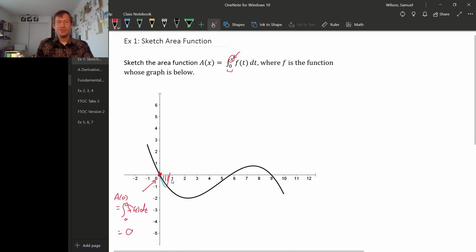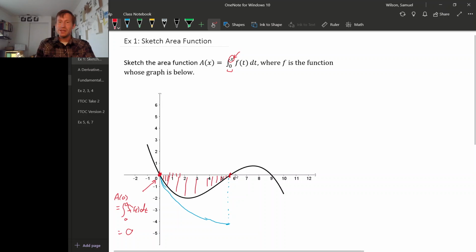As we continue further to the right, we're picking up more and more negative area, so our area function goes more and more negative. As we approach this x-intercept here, we're still picking up negative area, but less and less. And when we get to the x value where f has an x-intercept, the area function levels off because it stops picking up negative area. So it must go like this, and it must have a minimum value here because we have picked up as much negative area as we can pick up.